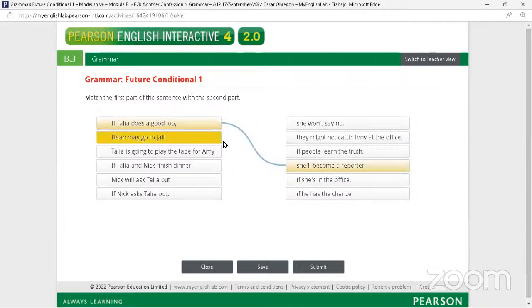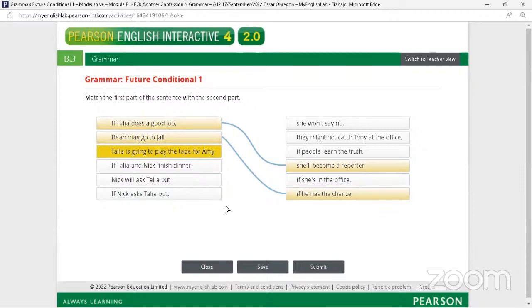Dean may go to jail. If she's in the office, if he has the chance. Maybe the last one, if he has the chance. Talia is going to play the tape for Amy.